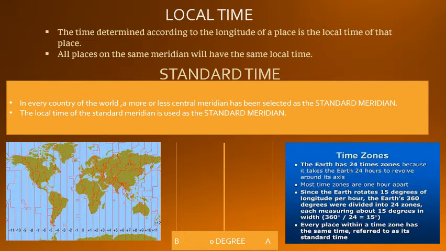So, B is located towards the west of the prime meridian. The local time at B will be 4 hours behind GMT or Greenwich Mean Time. It means it will be 8 o'clock in the morning.